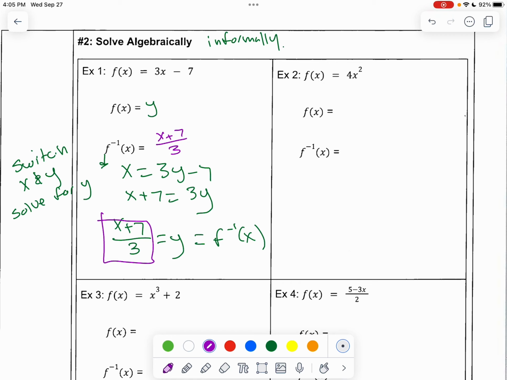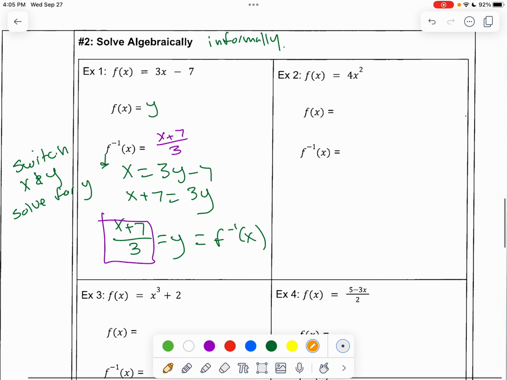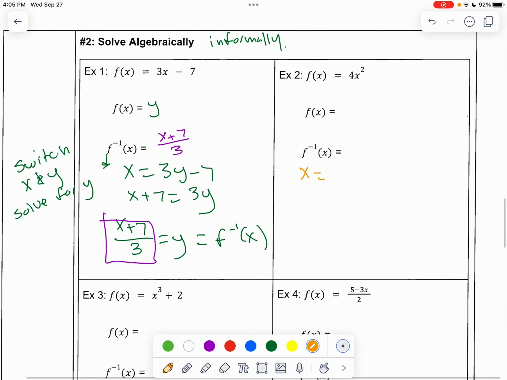So those are your examples. Let's do another. For 4x squared, I'm going to do the same thing. I'm going to switch the x and the y. So I'm going to do x equals 4y squared. So I am going to solve for y. So x over 4 equals y squared.